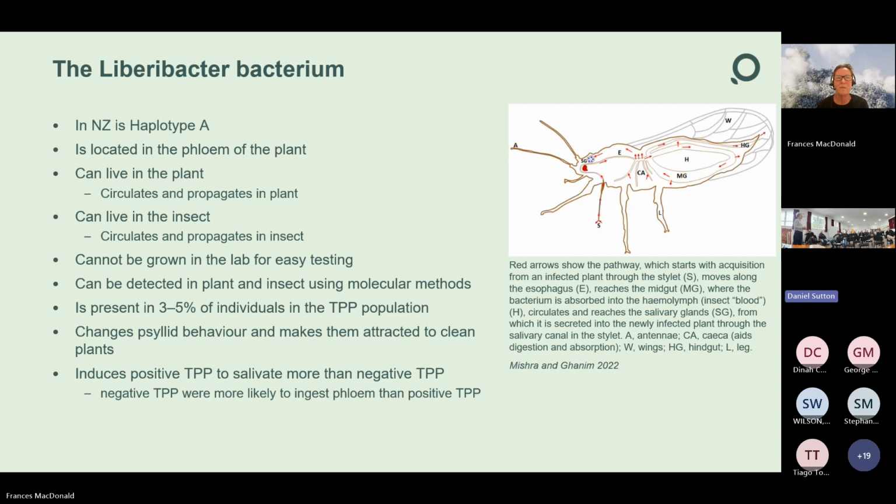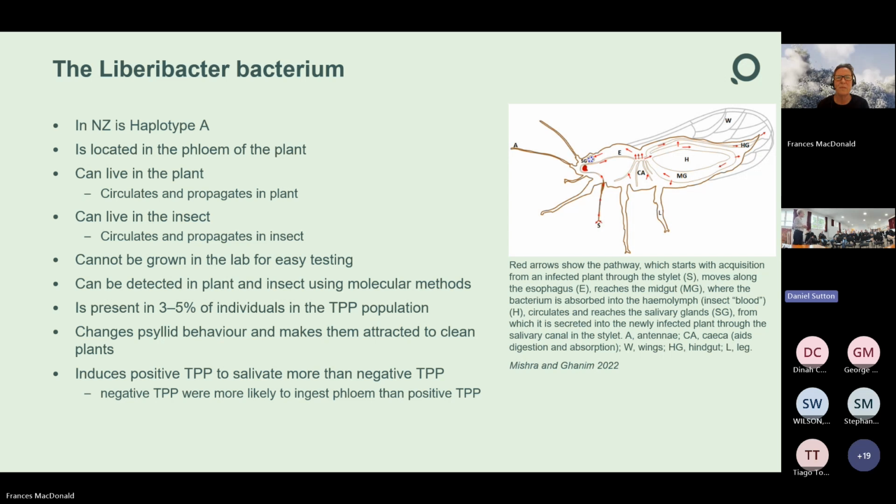However, if you have volunteers out there, for example, and those are positive, the psyllids will be attracted to that plant. Once you start testing the psyllids on that plant, of course, you find a much higher percentage of psyllids positive for the Liberibacter. So those volunteers are really important to manage, because they keep that Liberibacter in the environment.